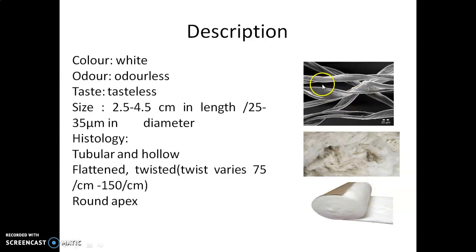Under the microscope it looks like a tubular and hollow fiber which is flattened and twisted, and the number of twists varies from 75 to 150 per centimeter depending upon the grade of the cotton, and the apex is rounded.